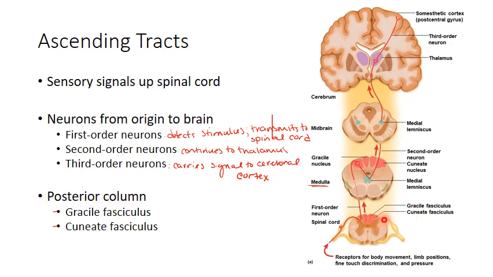And so these are going to be in the posterior white matter, the posterior columns here, and we have the gracile fasciculus, and then the cuneate fasciculus. So the gracile is going to carry information from our lower trunk and limbs. And the cuneate is going to bring in information from our chest and upper limbs.